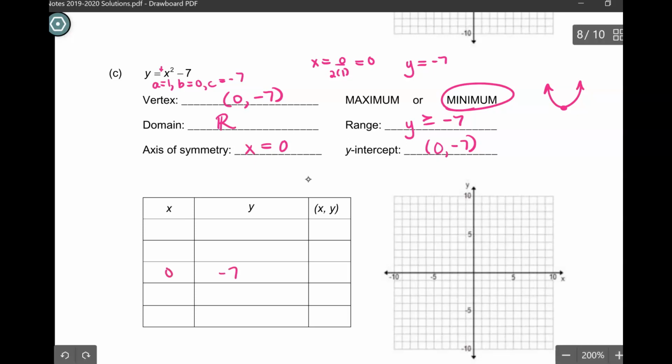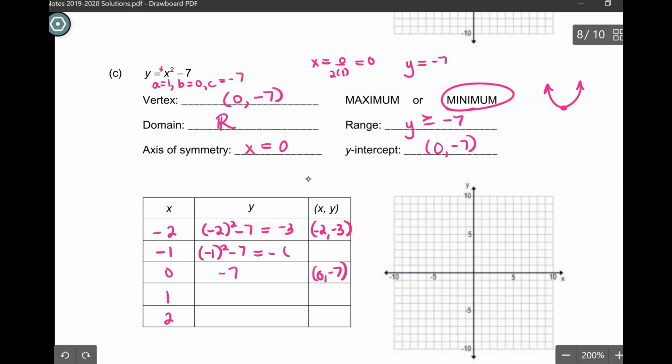So 0, -7. And we'll count backwards, so that'll be -1, -2. Count forwards, 1, 2. And substitute values in. So I have -2 squared minus 7. So that's 4 minus 7, which is -3. -1 squared minus 7.